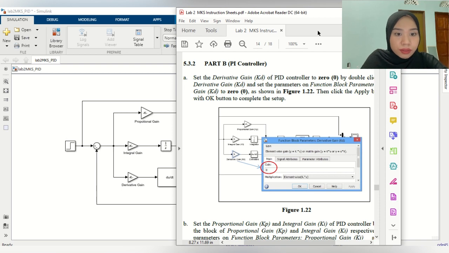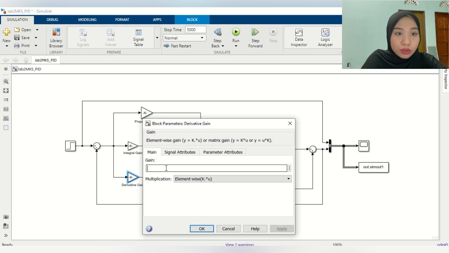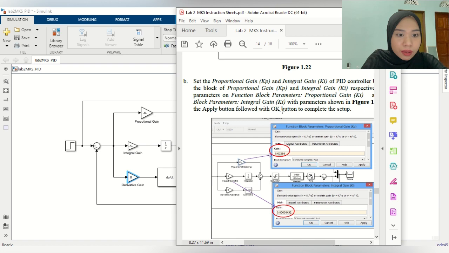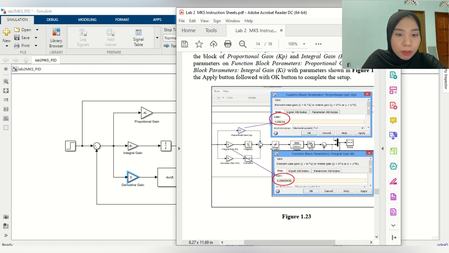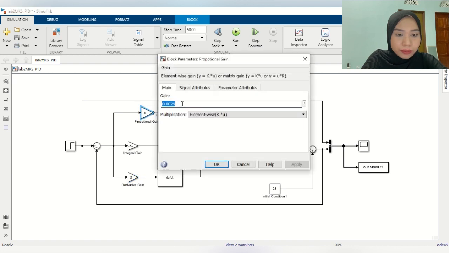So first thing first, we will change the derivative gain to 0, and then we will change the proportional gain to 0.00216.